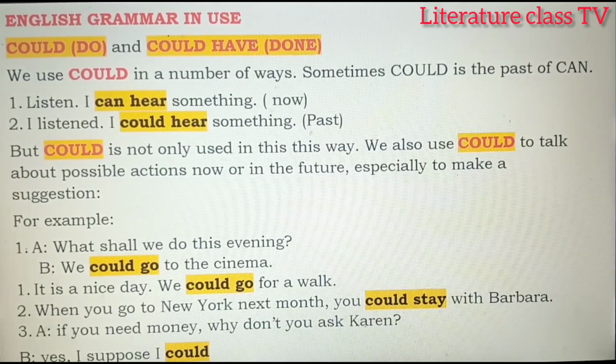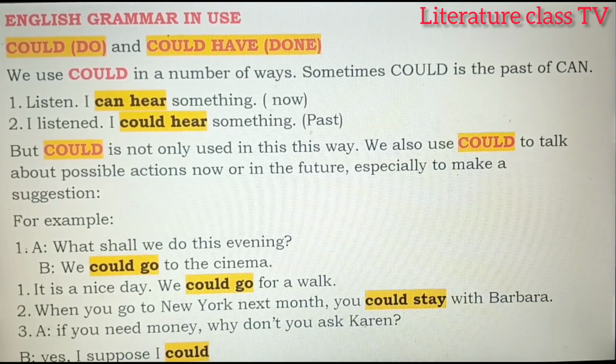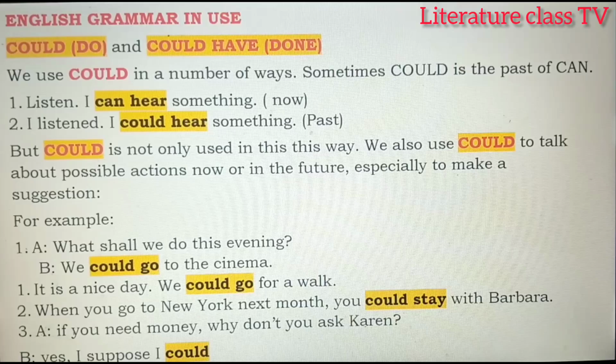Listen, I can't hear something now. I don't have the ability to hear something. I listened. I could hear something. In this sentence, the activity took place in the past.